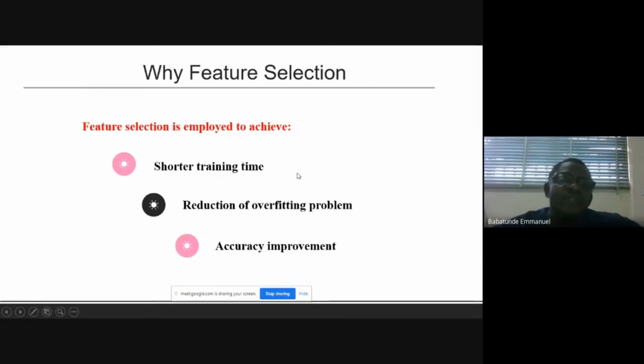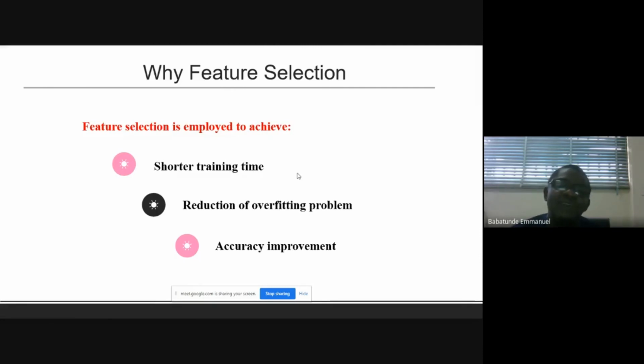So why feature selection? Feature selection is employed to achieve the following. It helps us to achieve shorter training time. In other words, if our data dimension is reduced, the computation time for our analysis will also be reduced.